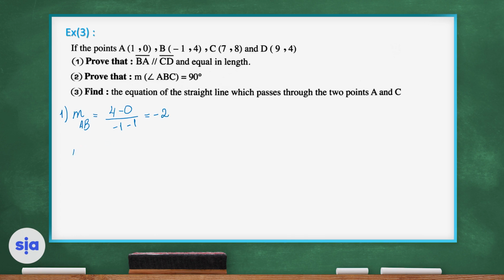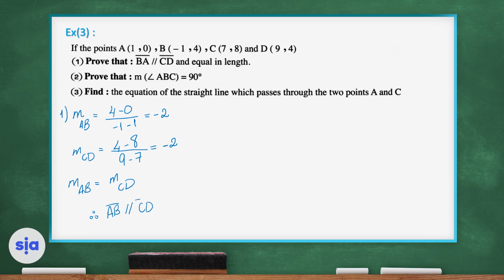And the slope of CD is equal to 4 minus 8 over 9 minus 7, which is equal to negative 2. As you can see, the slope of AB is equal to the slope of CD, then AB is parallel to CD.